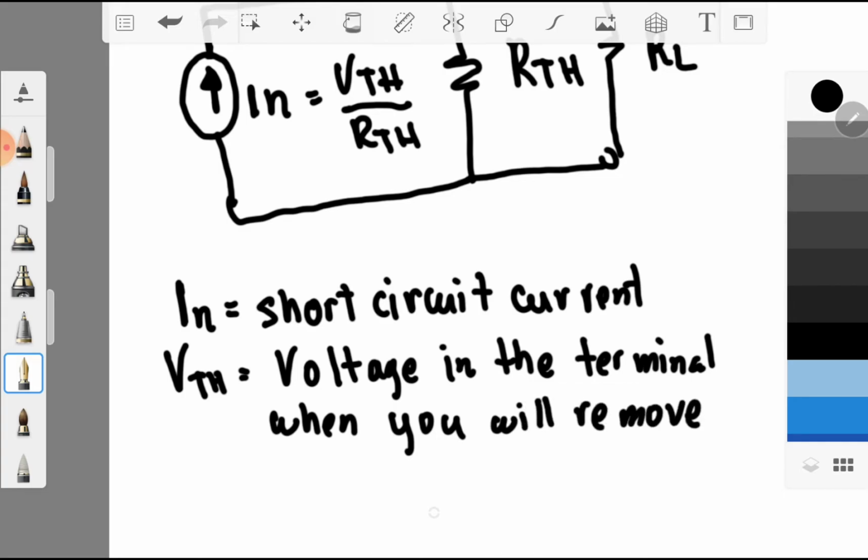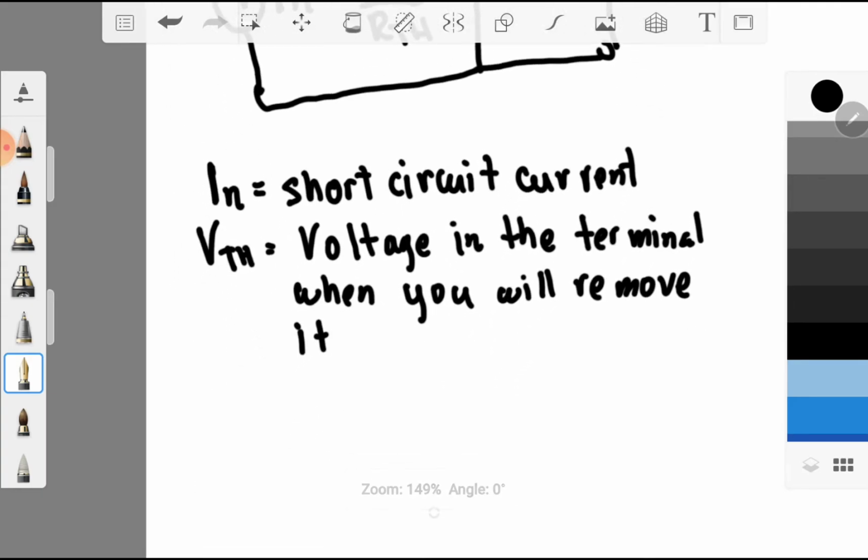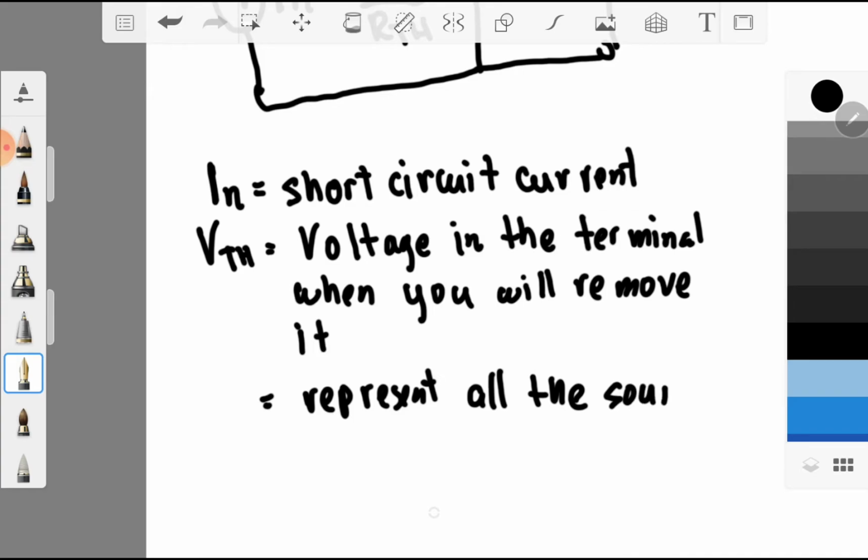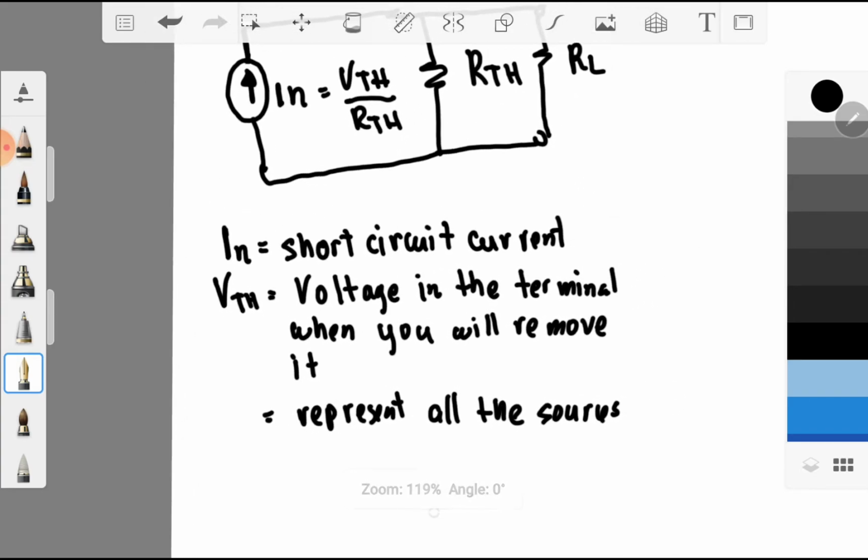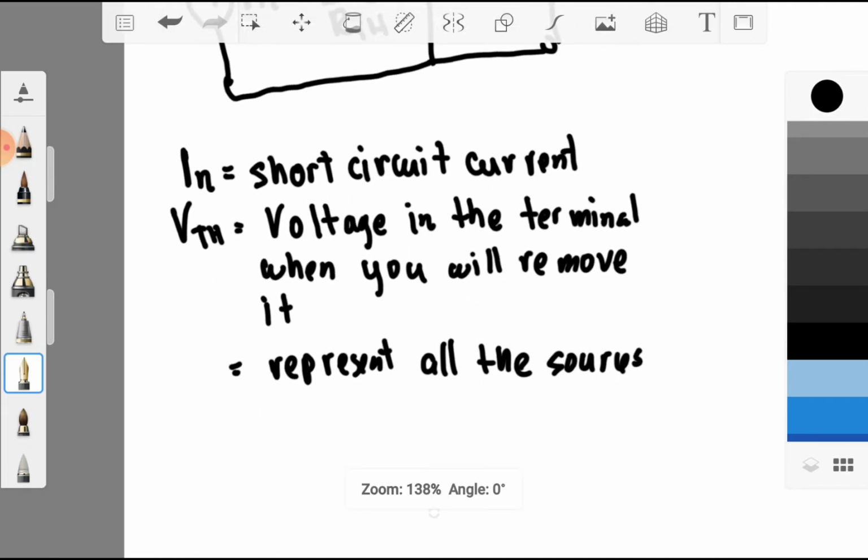So your Thevenin voltage is the representation of the sources in your Thevenin equivalent circuit. It represents all the sources that will affect the passive element.